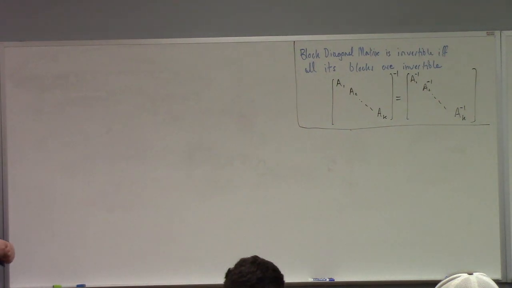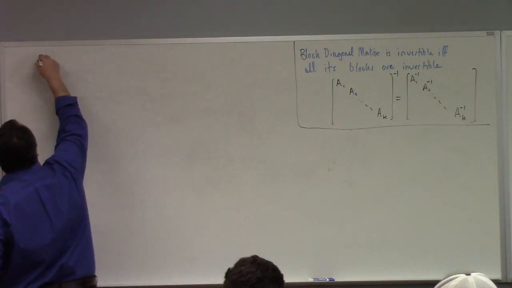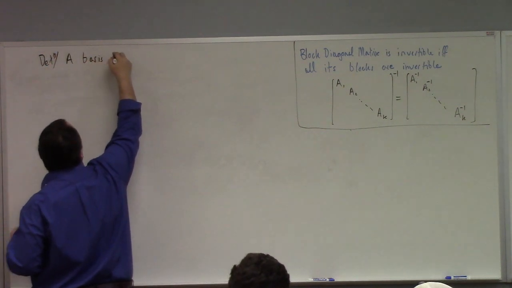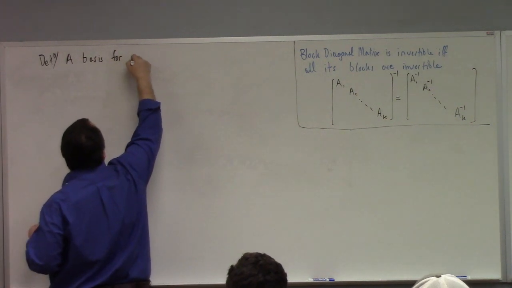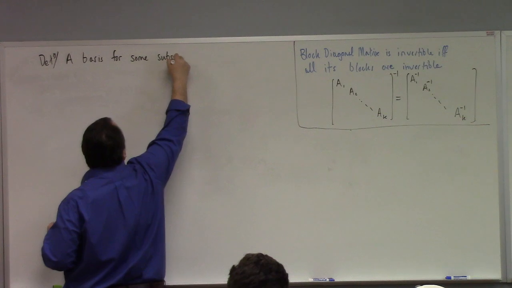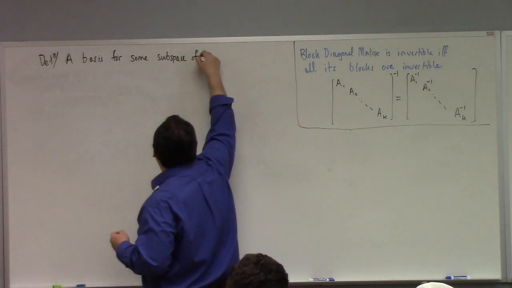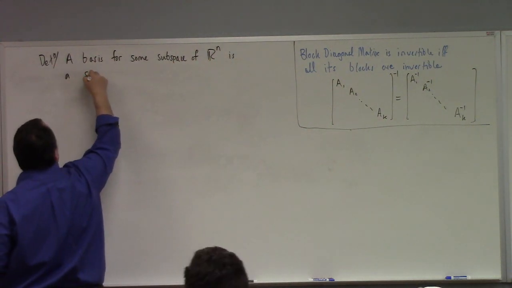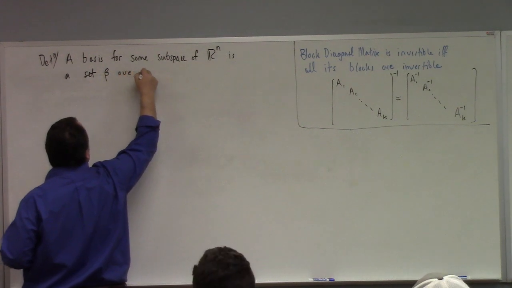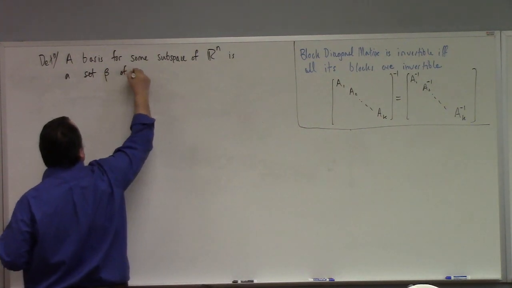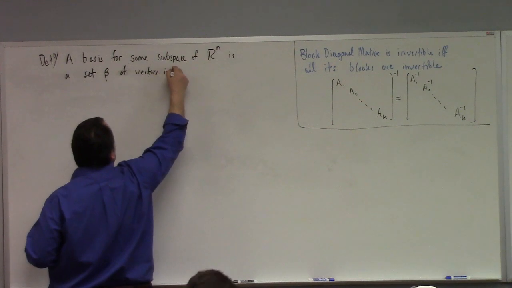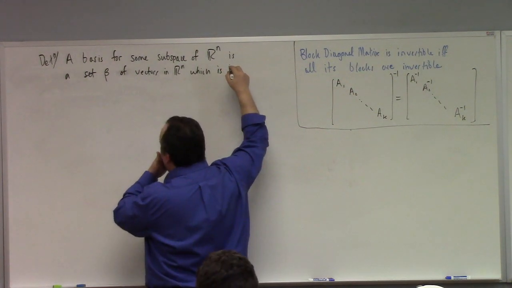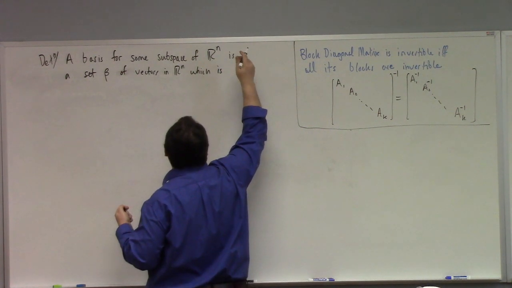And I guess I should probably tell you what we mean by basis. Definition. What's a basis? A basis for some subspace of Rn is a set beta of vectors in Rn which, so I guess I need to give the subspace a name.